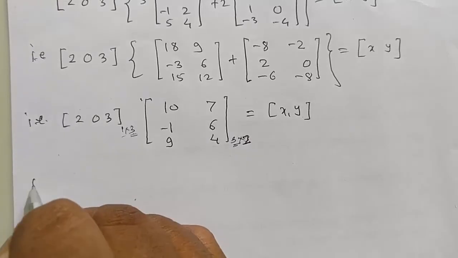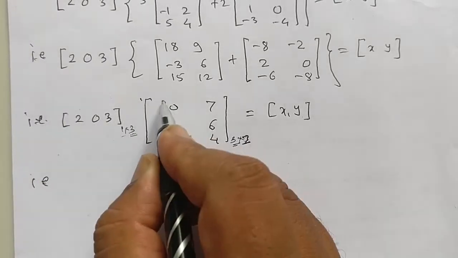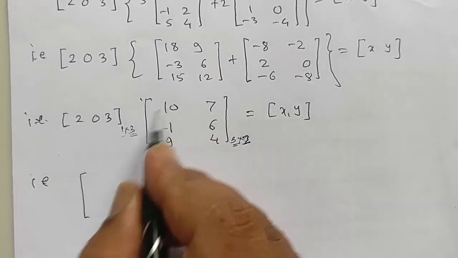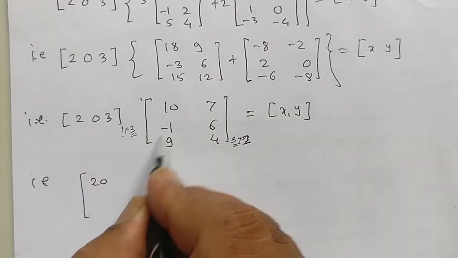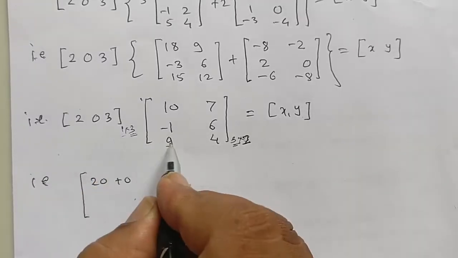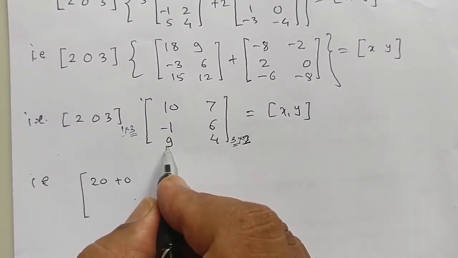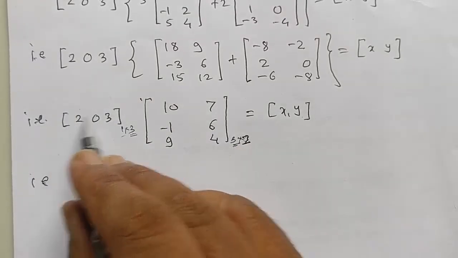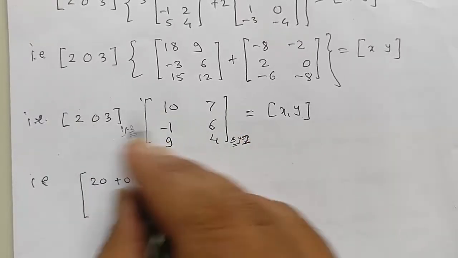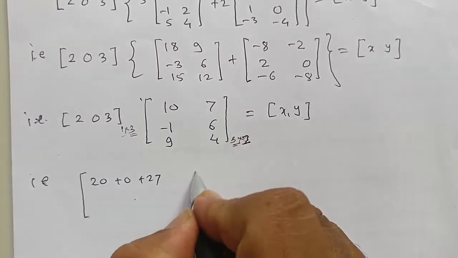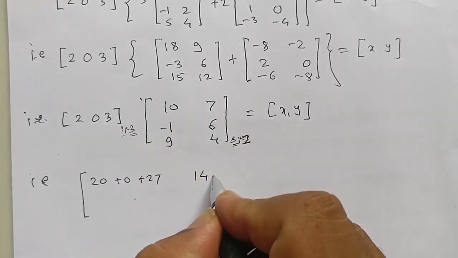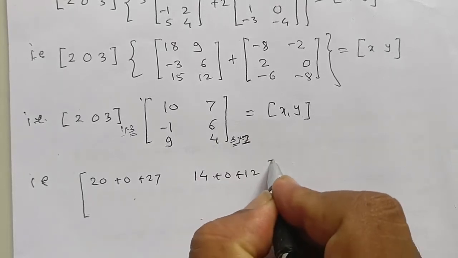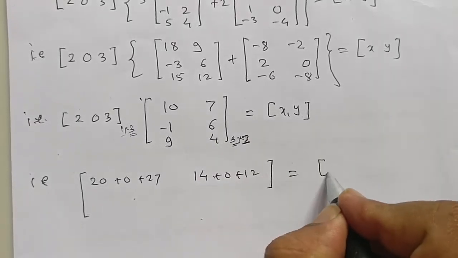Therefore, we take first row, first column: 2 into 10, that is 20, 0 into minus 1 is 0, 3 into 9 is 27. Now we take first row and second column: 2 into 7, that is 14, 0 into 3, 0 into 6 is 0, 4 into 3 is 12, is equal to [x y].